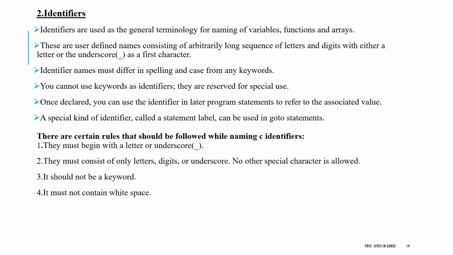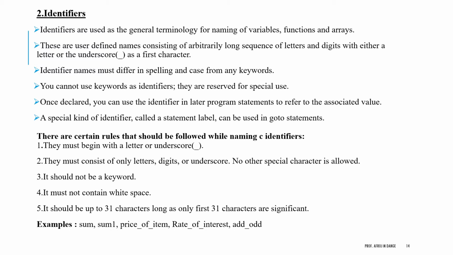It must not contain white space. It should be up to 31 characters long as only 31 characters are significant. No special characters such as semicolon, period, blank space, slash, or comma are permitted.